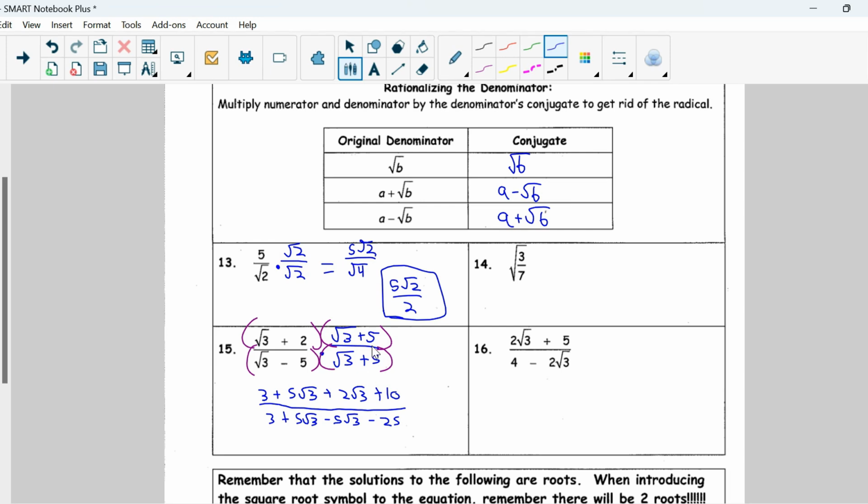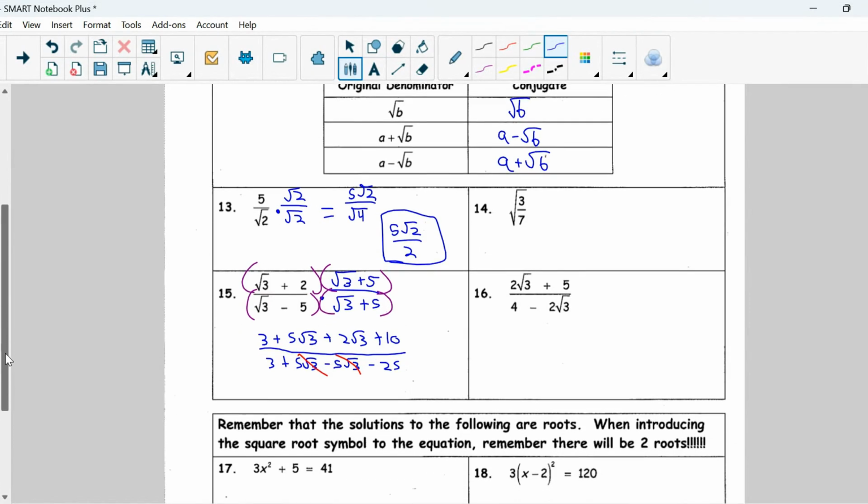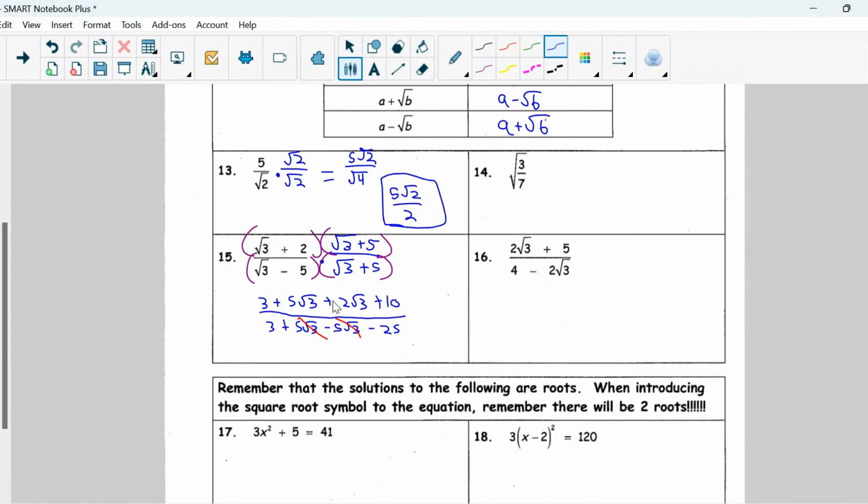Okay, something before we go and simplify this complex looking fraction that I notice is that we have 5 square roots of 3 minus 5 square roots of 3. And obviously, those two are just going to cancel. So that helps us simplify this fraction a lot. Okay, we may need to write in the margins a little bit here. So let's go ahead and simplify. Let's add our like terms.